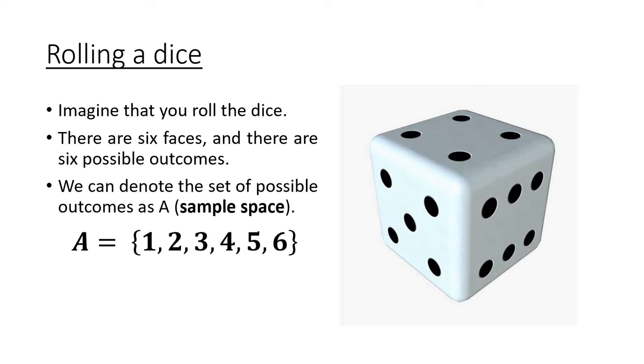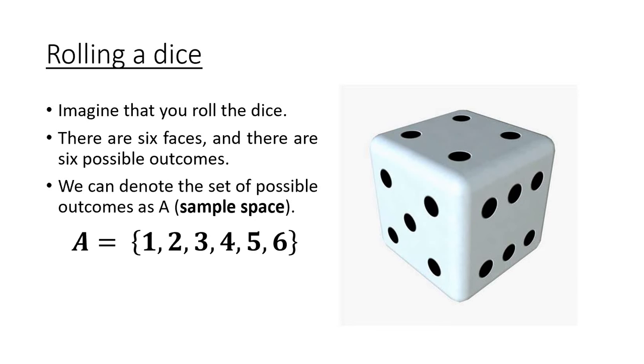You can get the face with 1, 2, 3, 4, 5 or 6 dots on the face, and we can denote the set of possible outcomes as A. So as I said before, you can get the face with 1, 2, 3, 4, 5 or 6 dots on the face. So sample space is simply a set consisting of all the possible outcomes.